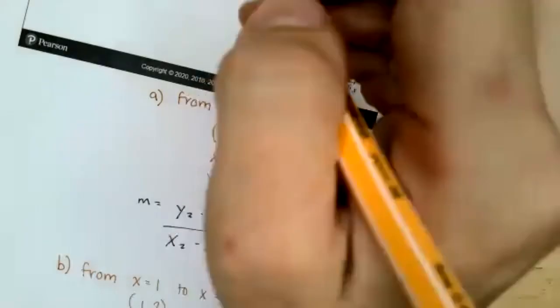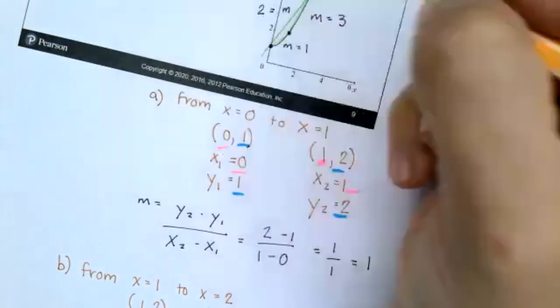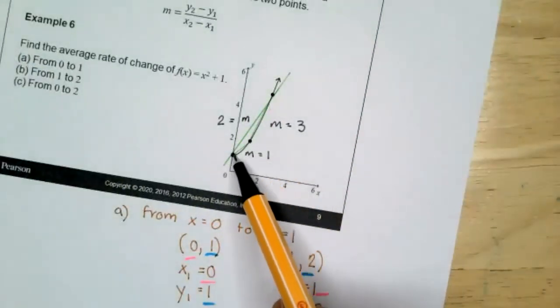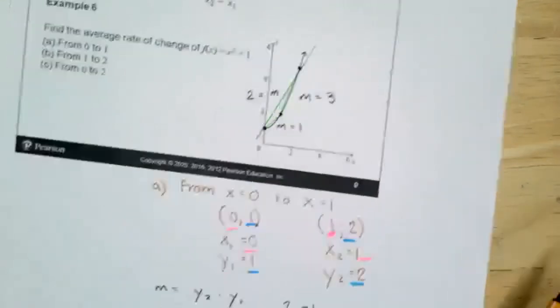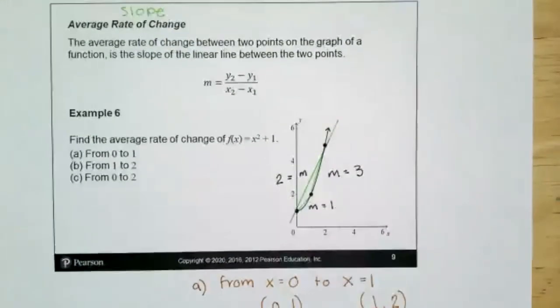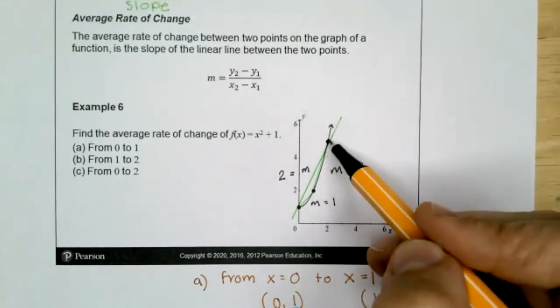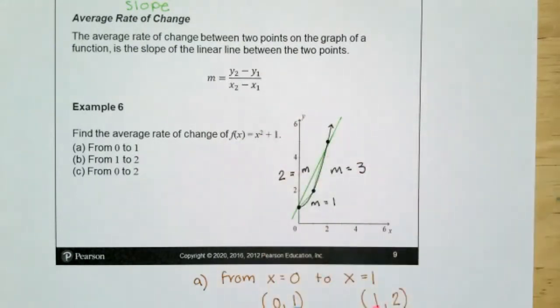So this slope is 2. So depending on how close you choose the points or how far away they are, will be how accurate your average rate of change is. But basically, you're just taking the x and y values of the 2 points, putting them into the slope equation and finding the slope and calling it the rate of change.